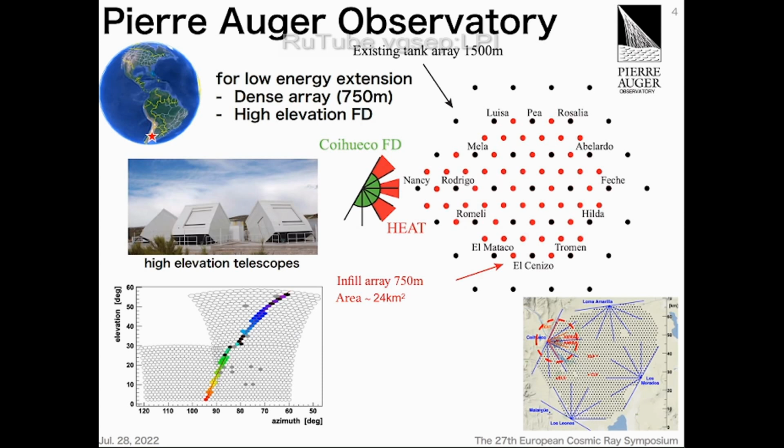They also constructed the high elevation FD, because low energy cosmic ray showers have a higher Xmax than the ultra-high energy cosmic rays, so they constructed 3 high elevation telescopes. This is a photo of the HEAT telescope, and this is a nice view of an observed cosmic ray shower. The lower field of view is the main Auger FD, and the higher field of view is the HEAT telescope.